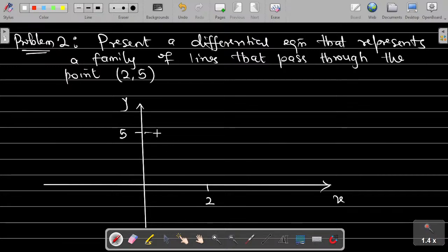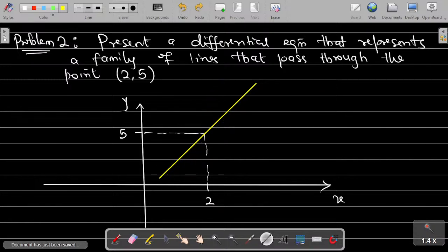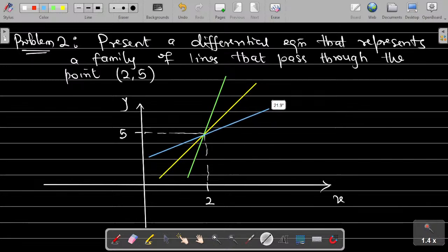So these lines are going to be meeting at this point. They are lines that will meet at that point, so they are of the family that will pass through the point 2 and then 5.